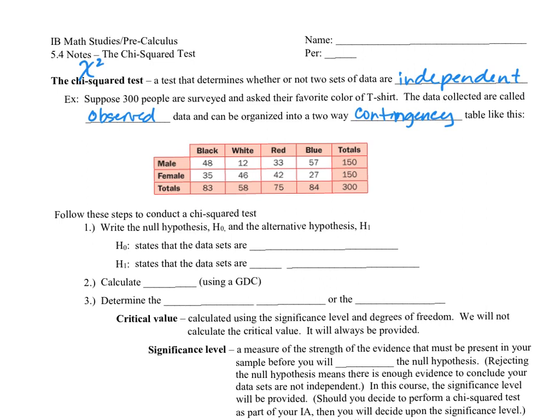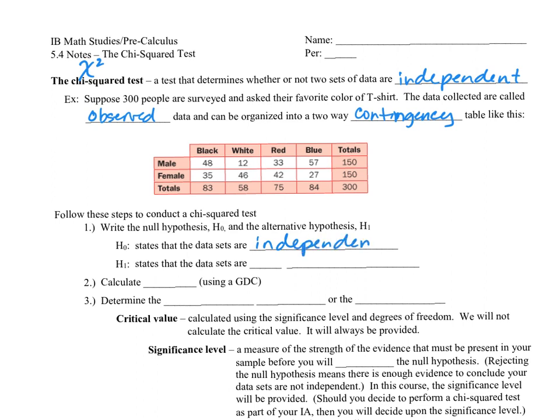Okay, so let's talk about the steps to follow when we conduct a chi-squared test. The first thing we're going to do is write what's called the null hypothesis and the alternative hypothesis. We indicate the null hypothesis with H sub O. The null hypothesis states that the two sets of data are independent.